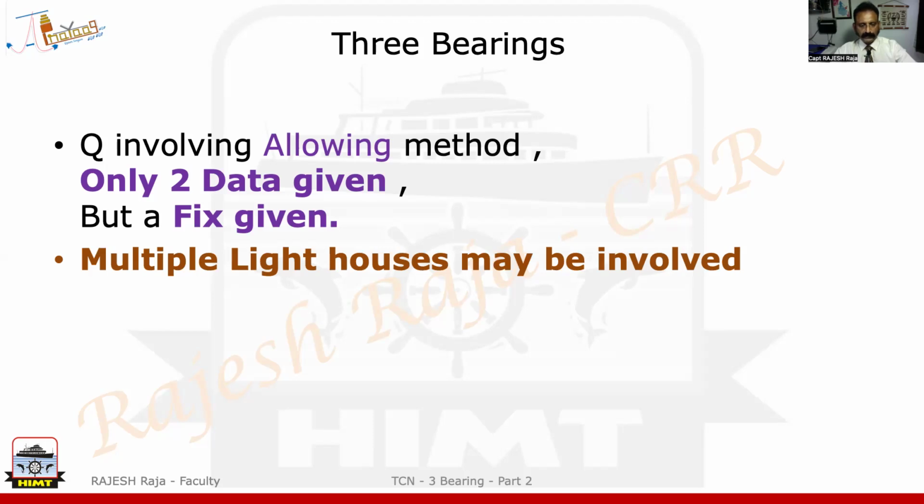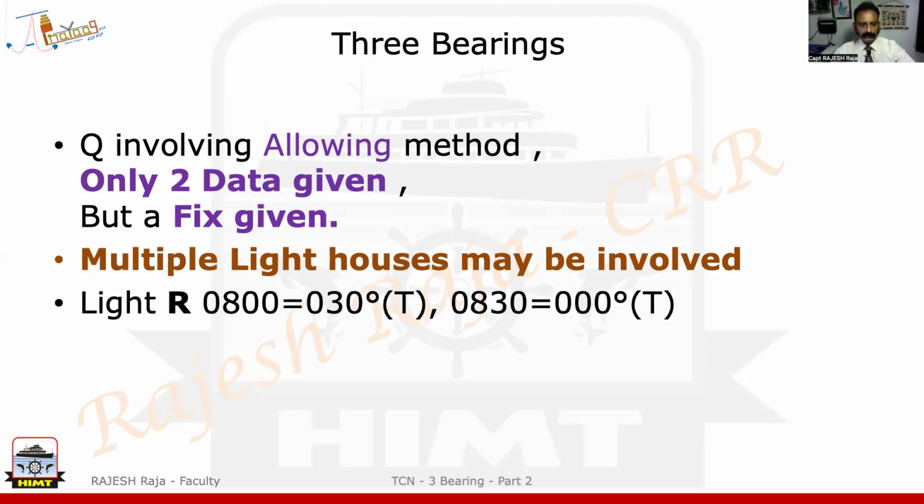I can use multiple lighthouses also, but at the same time, I can go with a single lighthouse also. So here I'm going to give you multiple lighthouses in this particular question. Let us say whatever time it is, doesn't matter. I had a bearing of lighthouse Romeo at 0800, and the bearing was 030.